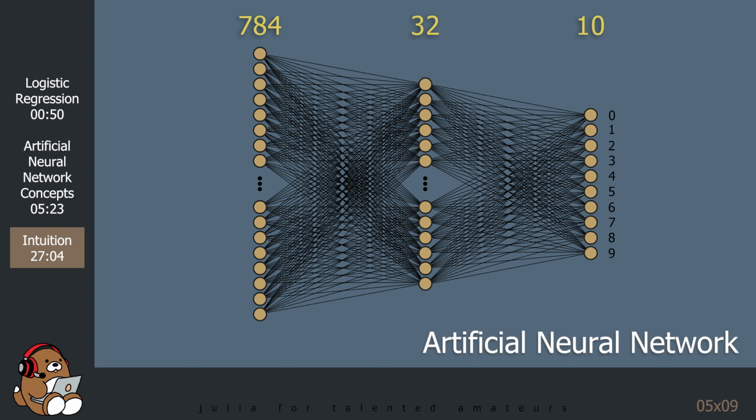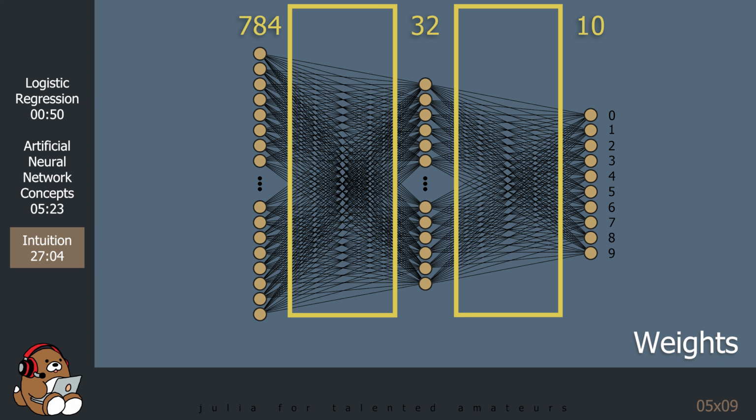Now that we know a little more about the concepts behind the code, let's take another look at the diagram of our model. As we noted earlier, all of those edges contain a parameter called a weight. You can think of those weights as the strength of the connection between the nodes.